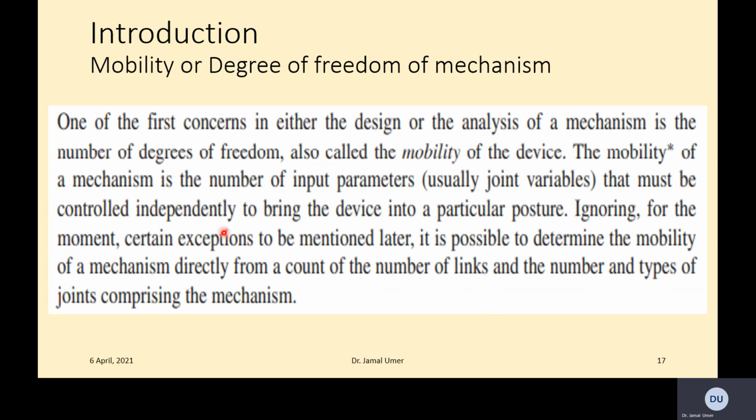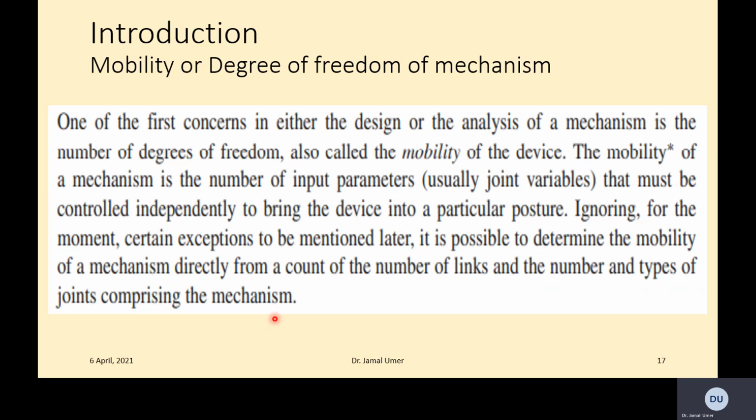So ignoring for the moment certain exceptions to be mentioned later, it is possible to determine the mobility of a mechanism directly from a count of the number of links and the number and types of joints comprising the mechanism. So what does this last sentence mean? There is a qualitative way you can look at the mechanism, saying how many degrees of freedom there would be.